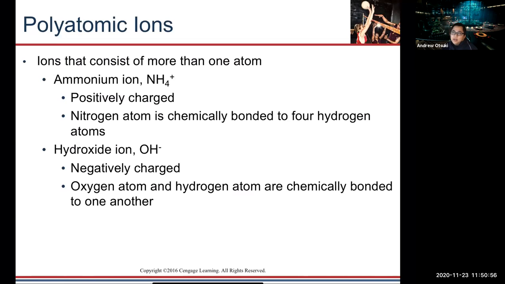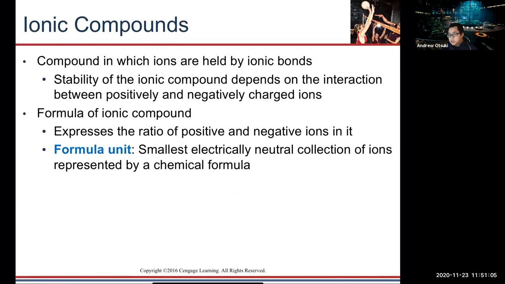So like every ion, you could think of it as having a positive charge. Every IDE is a negative charge. Okay. So we talked about ionic compounds, and that they're composed of positive and negative ions, and that the formula unit represents the chemical formula, or the smallest collection of ions that are represented by that chemical formula.